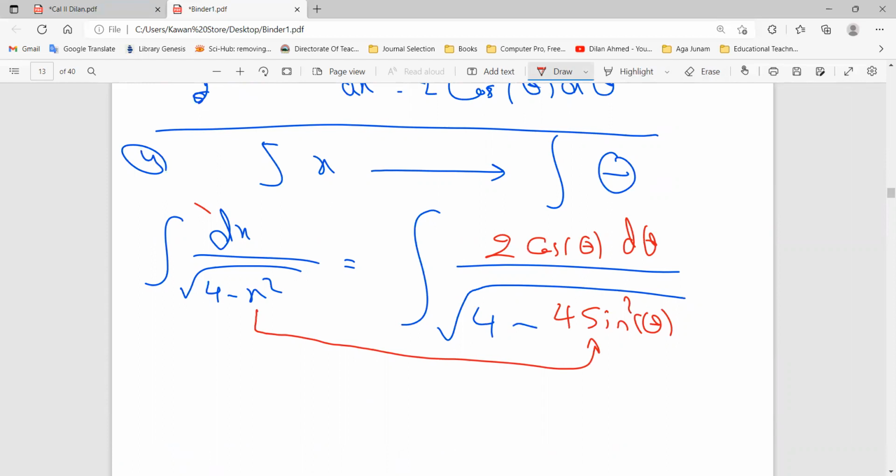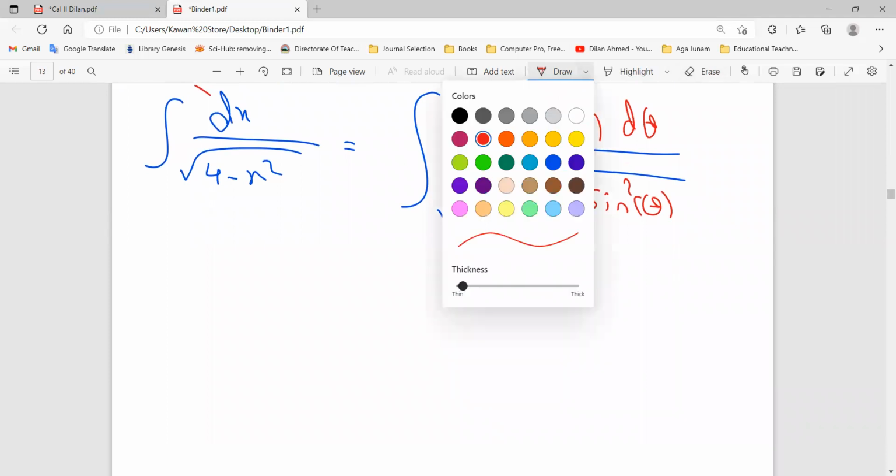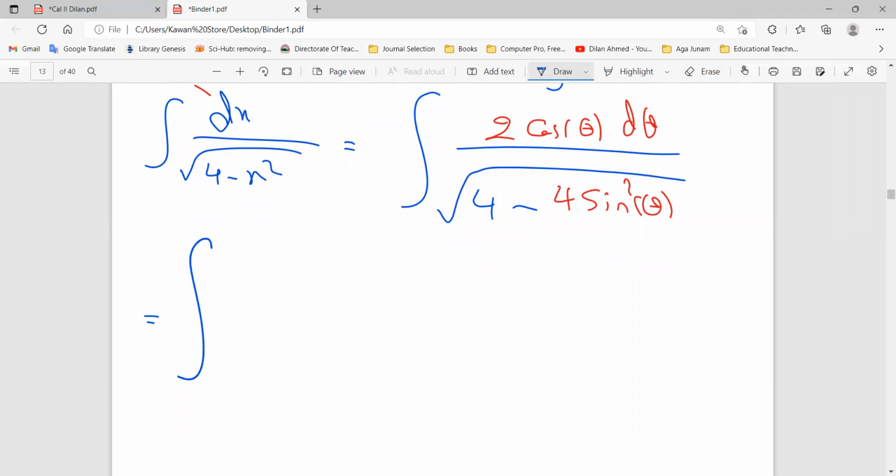Be sure that this integral, the last one, d theta, is very, very easy. You saw that one many times. How? It is equal to 2 cosine theta d theta.